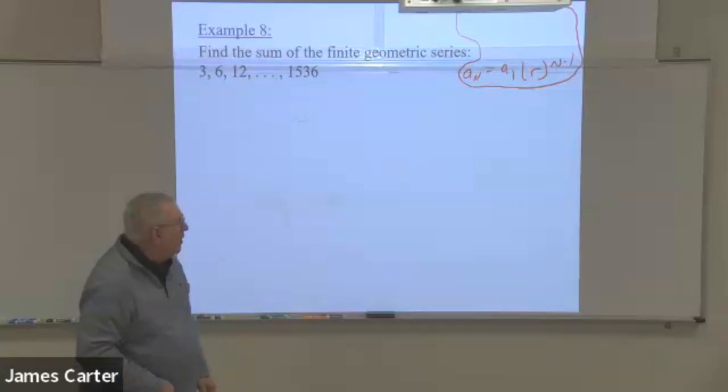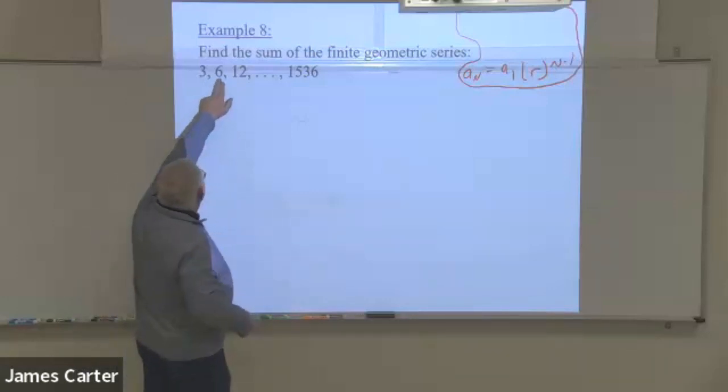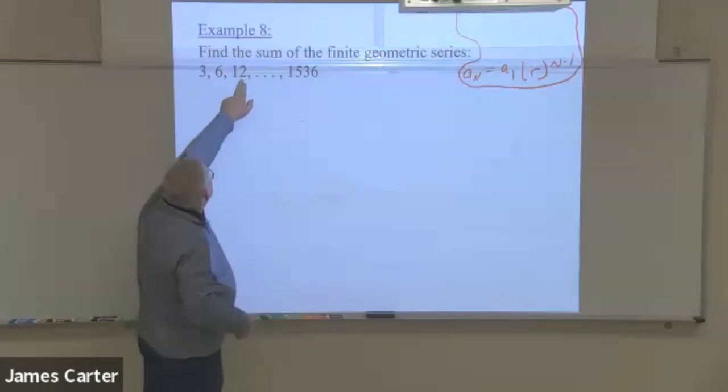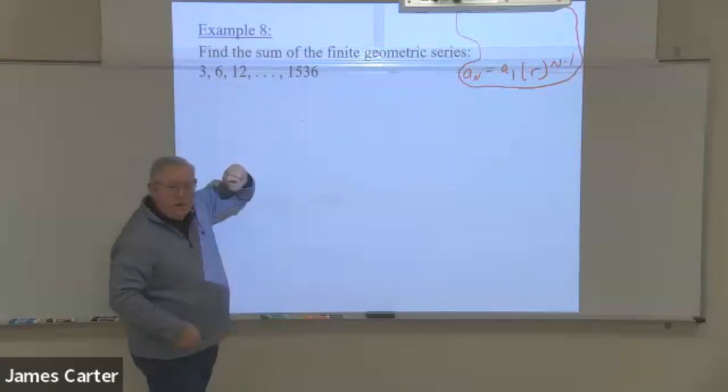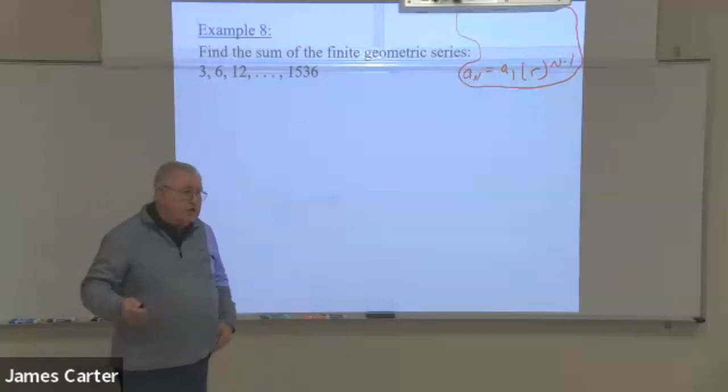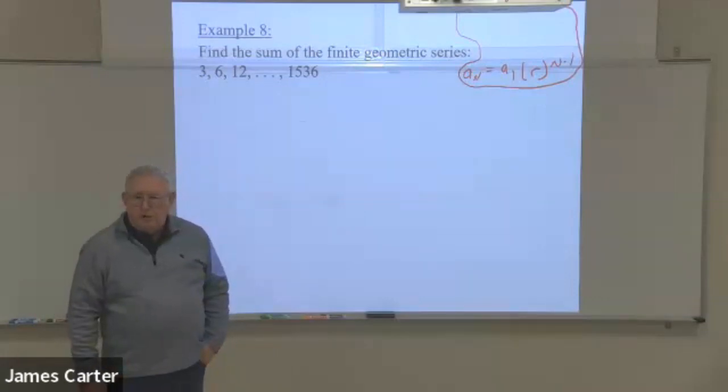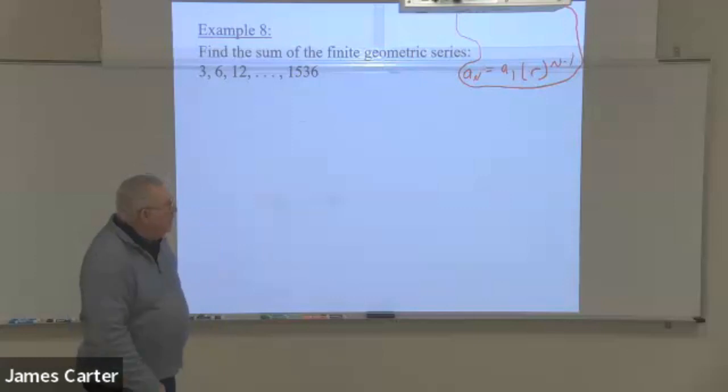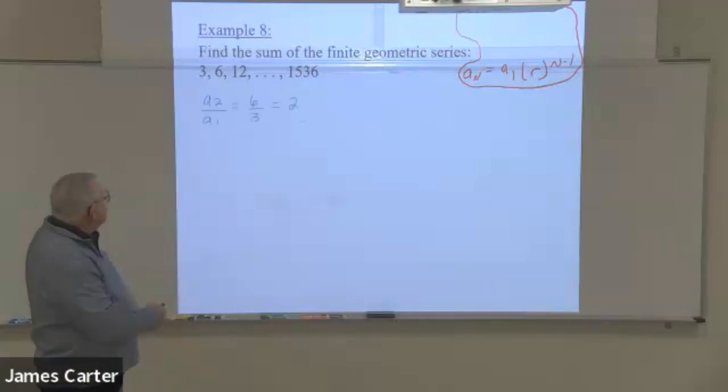I've got to say that in the right order. This one divided by that one, or this one divided by that one, always the one before, just like we subtracted before for arithmetic. And that will give us our common ratio. In this case, our common ratio is 2.